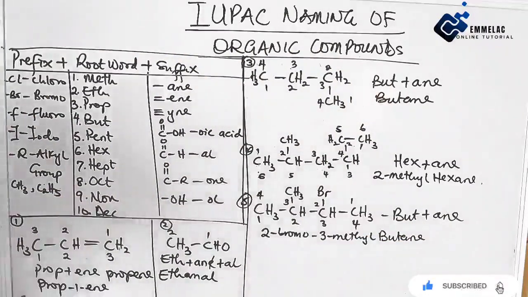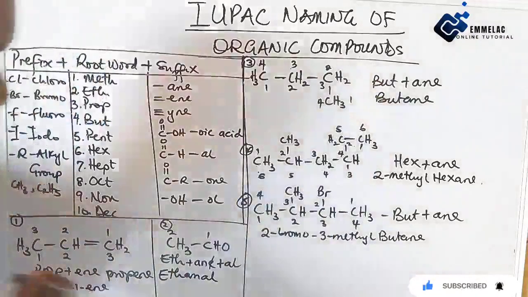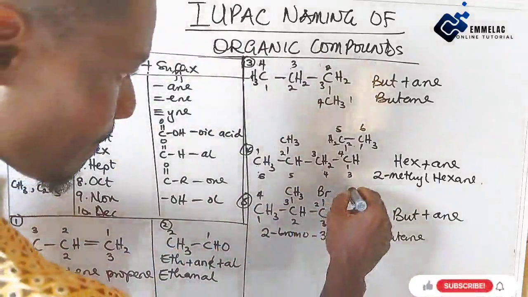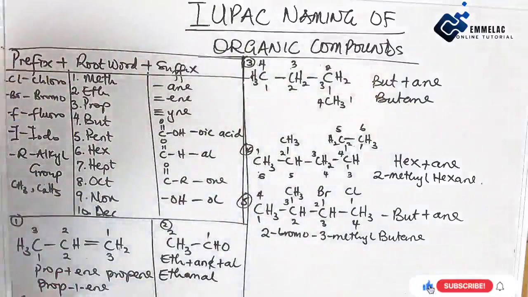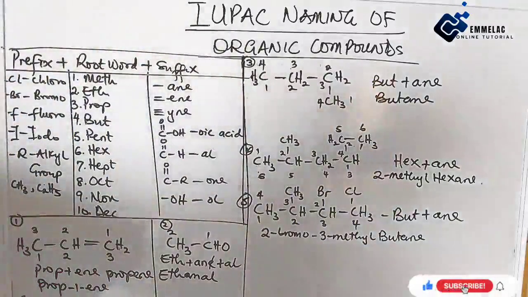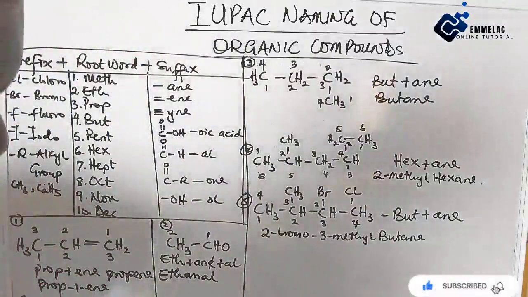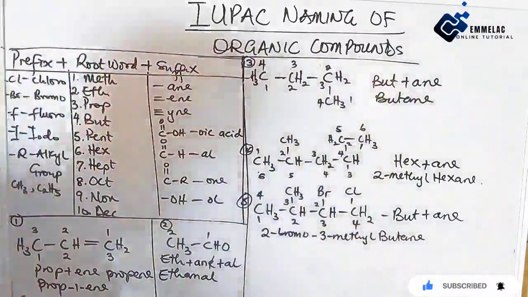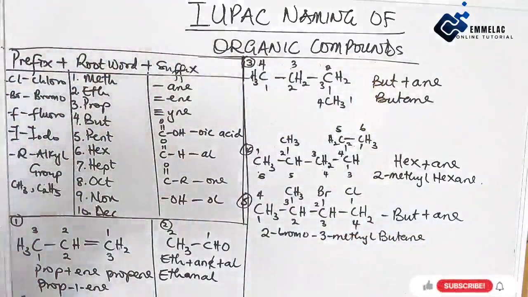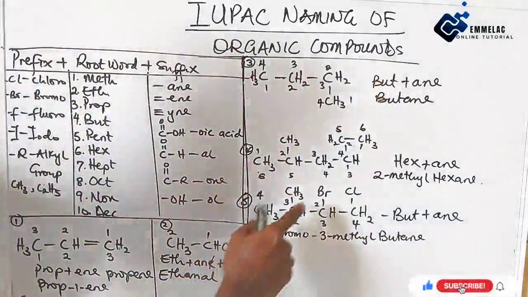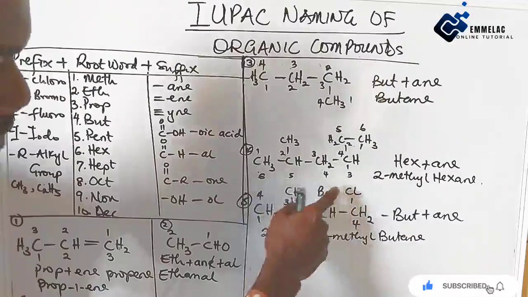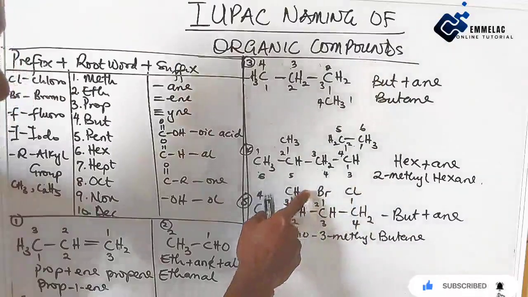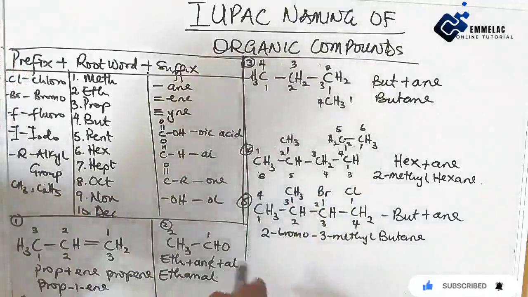Now, but what if you have chlorine here, which means this one will be reduced to 2. Now if you have chlorine and bromine, you have to name it alphabetically.